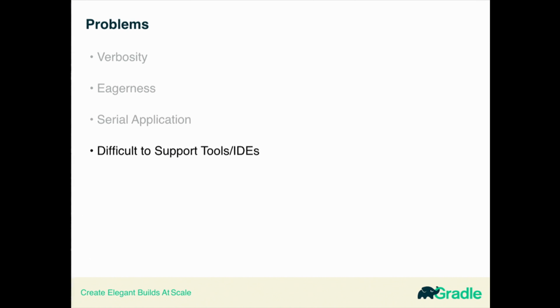But there are other problems with this approach. For instance, you saw all those apply statements sprinkled over Pepper's code, as he always does. And the problem is, you're an IDE now, and you want to give me autocompletion. You want to tell me, hey, what tasks are there now? What extension objects are there now?